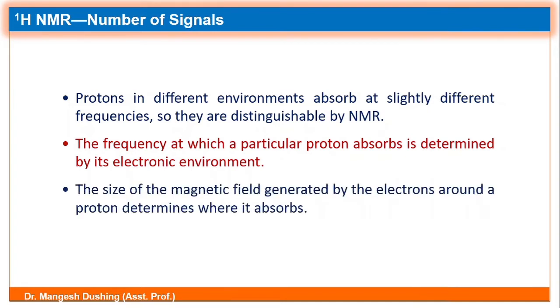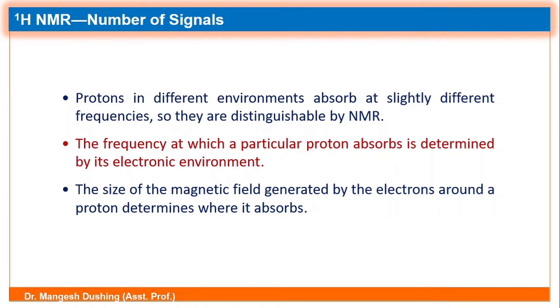The size of the magnetic field generated by the electrons around the proton determines where it absorbs. So the position of the peak of a particular proton depends upon the magnetic field generated by the electrons around it, because the position of the peak depends upon the electronic environment of that proton.